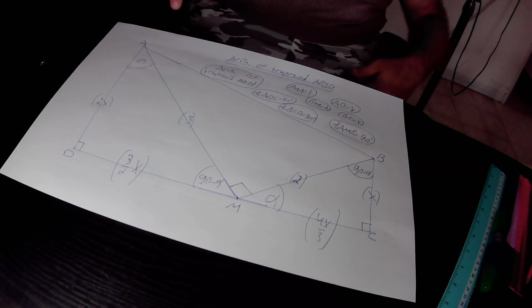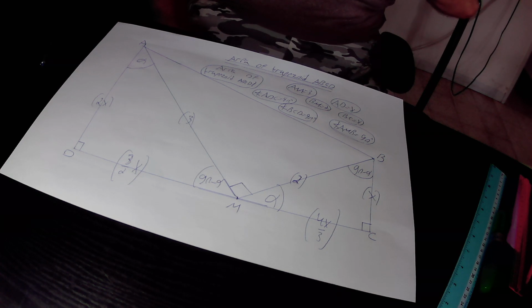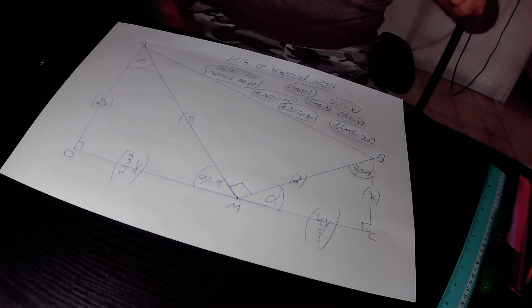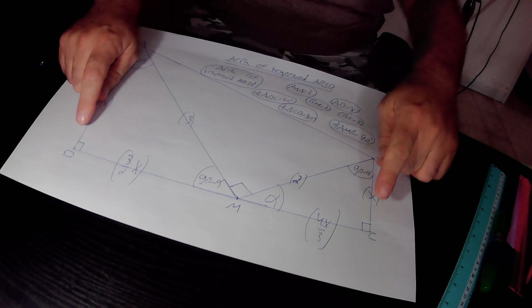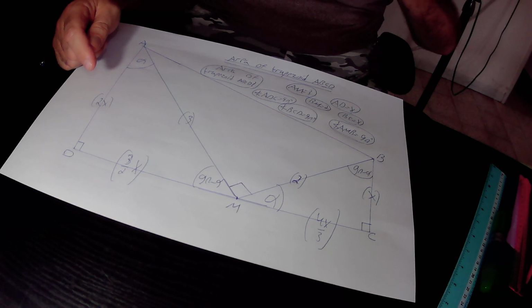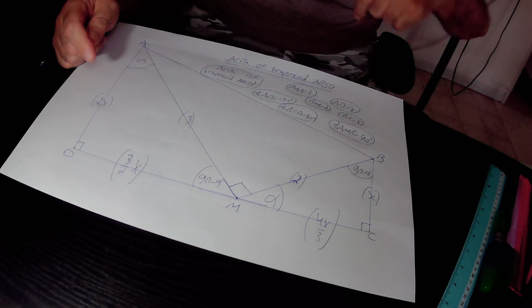We know that side AD equals 2x, side BC equals x. This is a right angle, and those two angles are also right angles. And again, our mission is to find the area of this trapezoid ABCD.